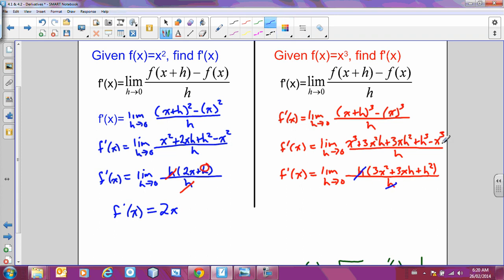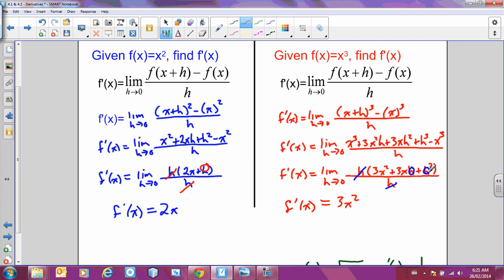All my non-h terms up here subtracted out, so x cubed minus x cubed, and I'm factoring out an h, which then divides out the h in the denominator. And then I can also sub in my zeros. I have a 0 here, and I have a 0 here, which means that my f prime value, now that I've put the h in, the limit is out of there, is simply 3x squared.